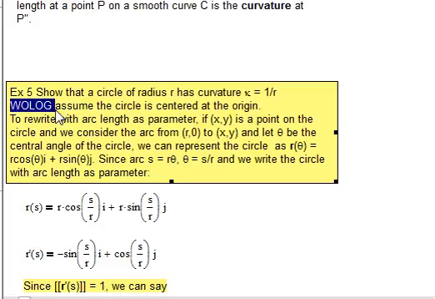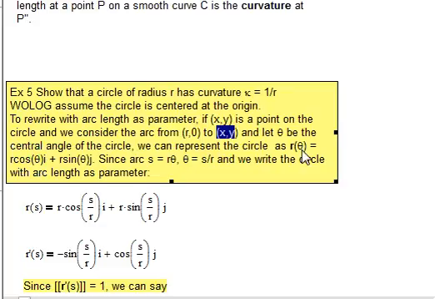When I write WLOG, that stands for without loss of generality. Assume the circle is centered at the origin. It wouldn't have to be, but it's just going to make my computations a little nicer. To rewrite with arc length as parameter, if x, y is a point on the circle, we consider the arc from the point r, 0 to the point x, y, and let theta be the central angle of the circle.